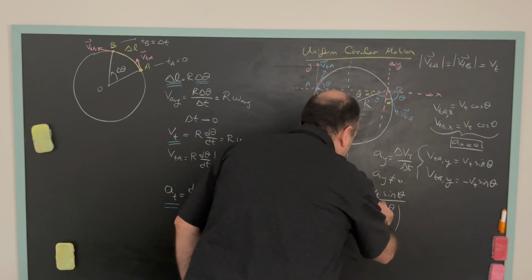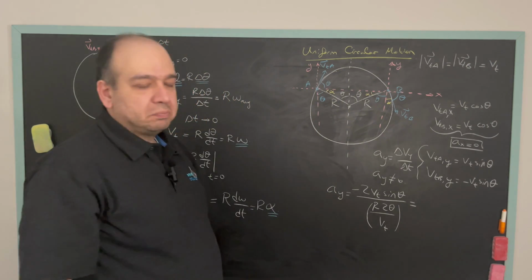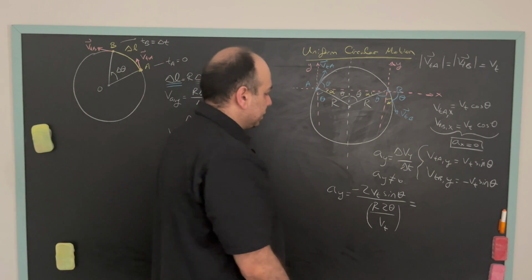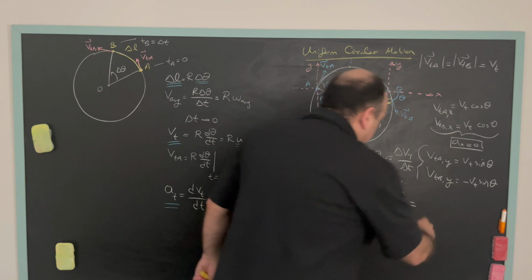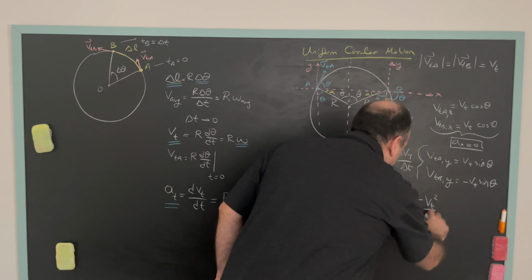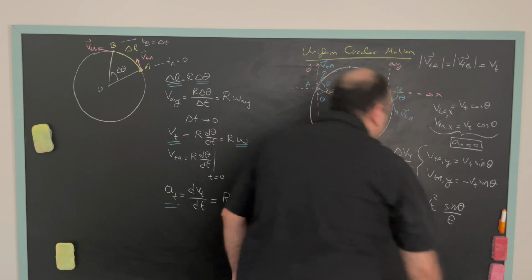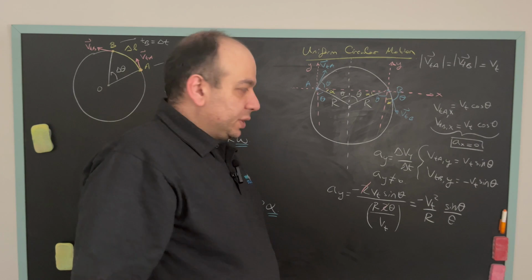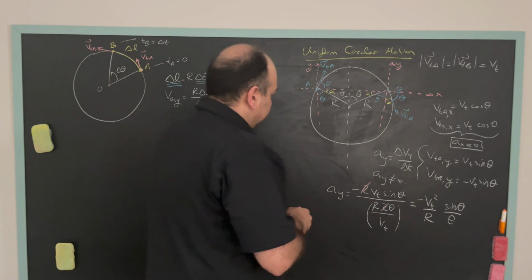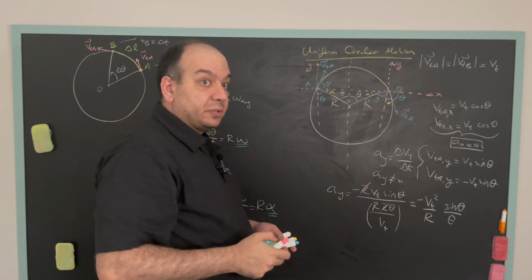That's it. So A sub y, the y component of the acceleration, by the way, this is the average acceleration, is simply equal to minus Vt square over r sine theta over theta. The next question is, what happens if I take this theta go to 0, right?